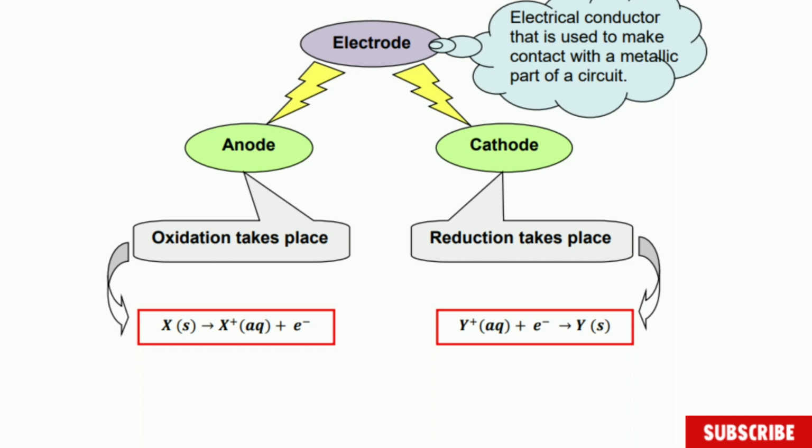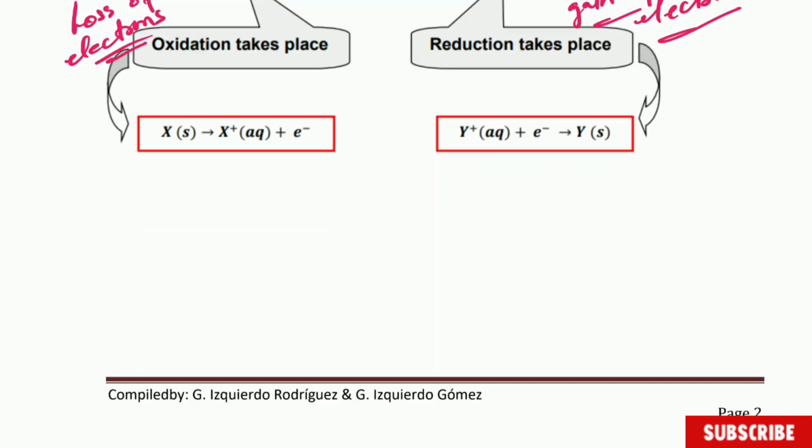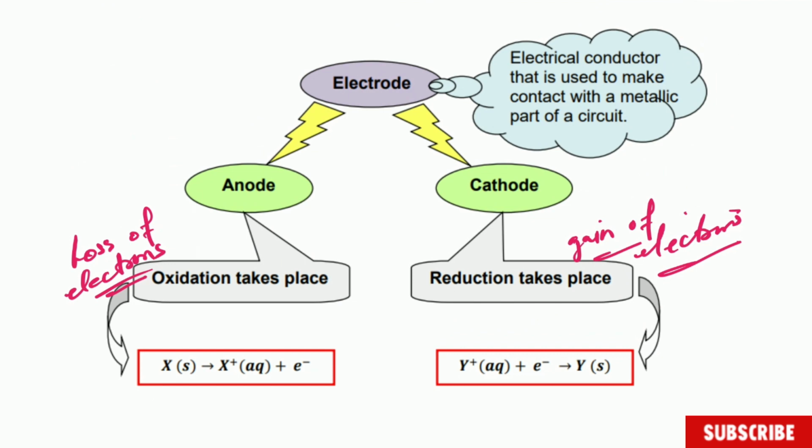Remember, oxidation means loss of electrons, so that is going to happen at the anode. And at the cathode, reduction, which means the gain of electrons. This is the introduction to this part of the electrochemical cell.